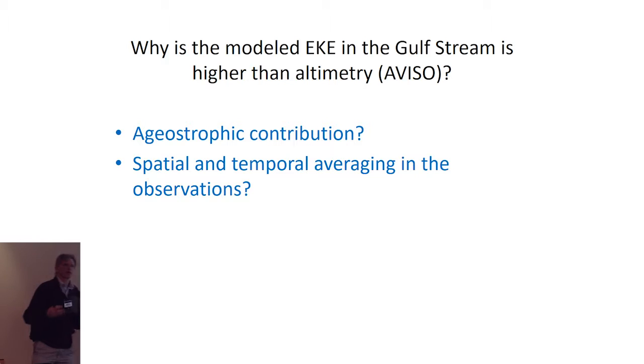One of the questions that we ask ourselves is why the eddy kinetic energy in the model is higher than in Aviso. Well, Aviso is based on satellite measurements. There's a grid spacing between the tracks, every 10 days, and there's some averaging being done. It's presented on a 1/8 or 1/4 degree grid.